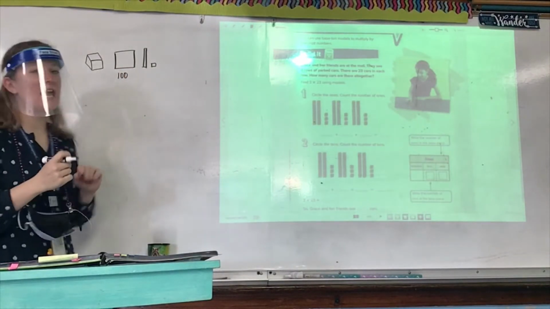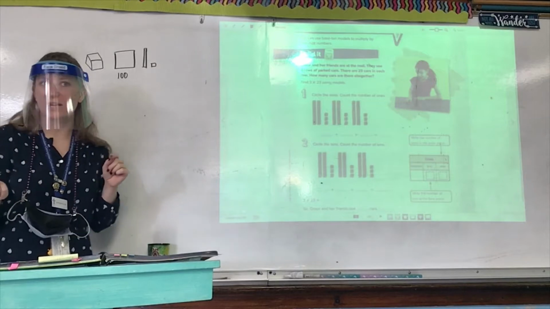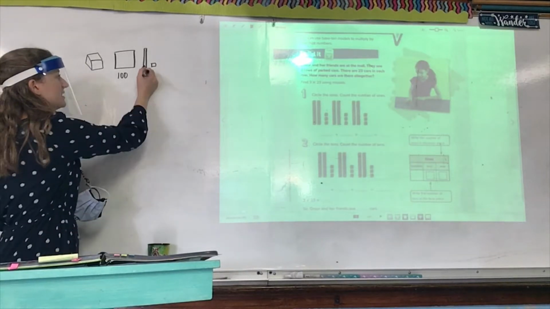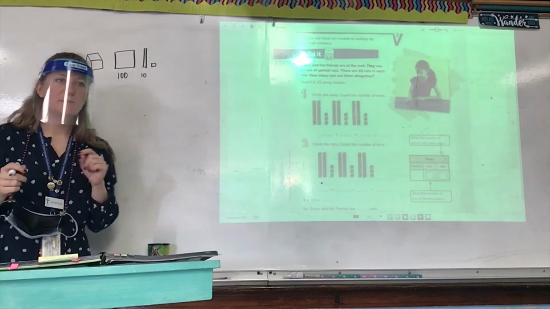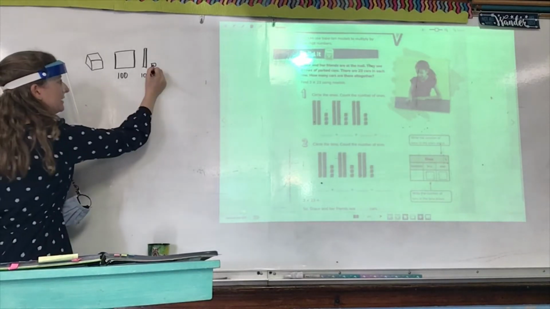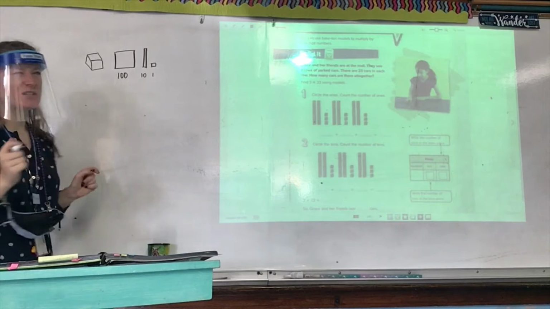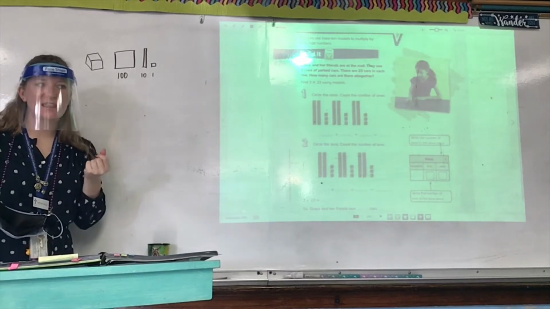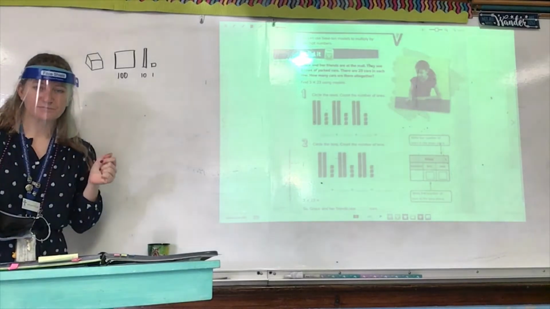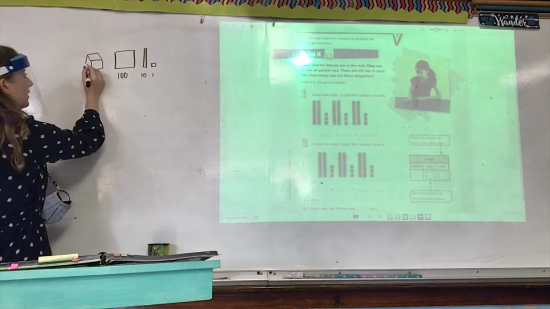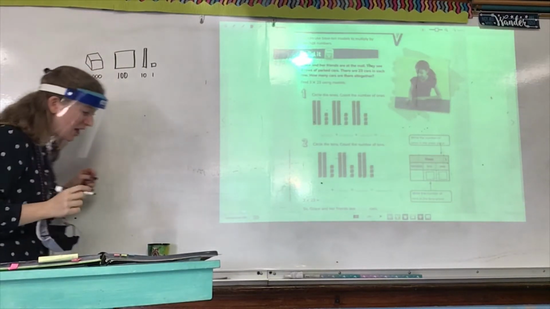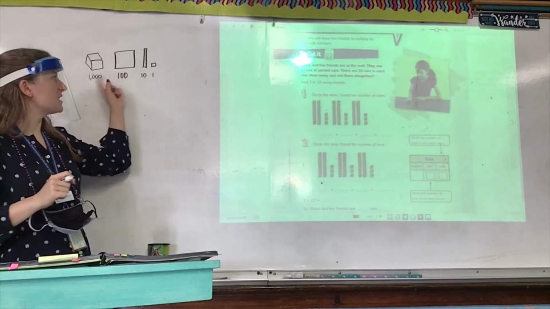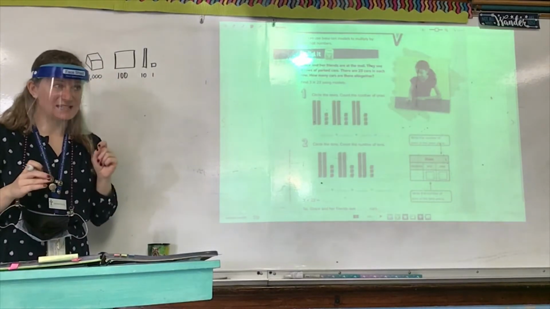How many does a 10 rod represent? Victoria? 10. How many does a ones cube represent? Michaela? 1. And if we see it, which I don't think we do in this lesson, how much does a thousands cube represent? Zari? 1,000. So, you will be using these to do this lesson.